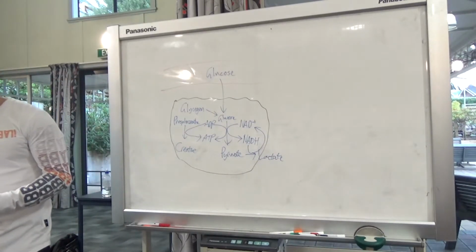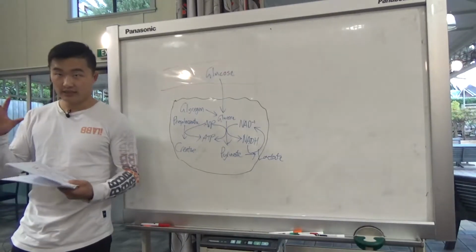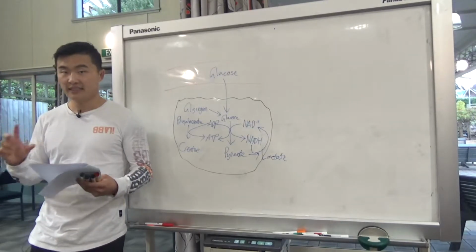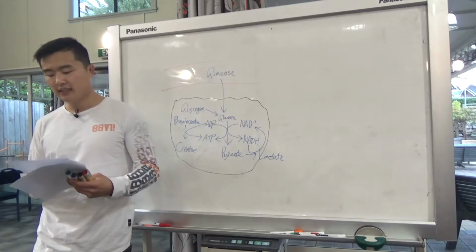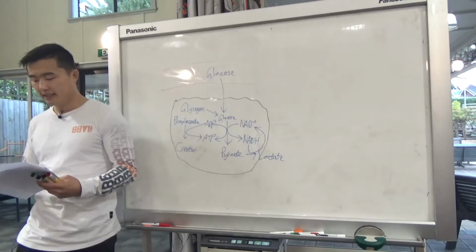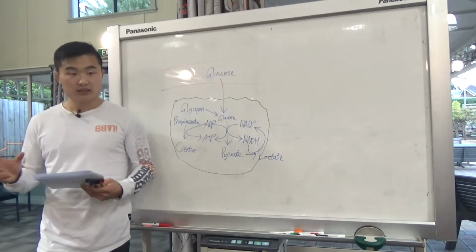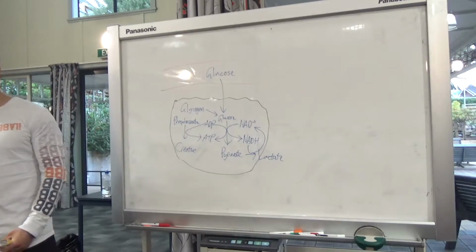So NADH and FADH2, remember they're carrying the high energy electrons, and they get oxidized. So oxidized means they get the electrons taken off them at the electron transport chain, and as a result of that, ATP gets produced. So oxygen is necessary for the electron transport chain to work, and this is why it's called aerobic.